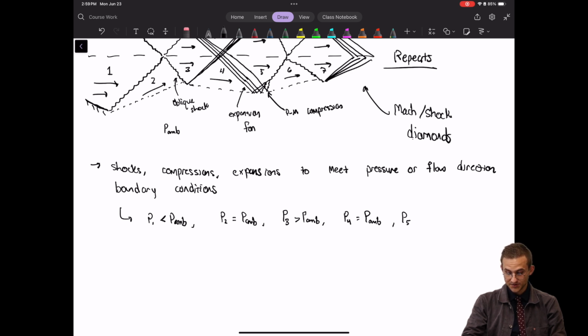And so it goes through an expansion fan to do so, which makes P5 less than P ambient again, since the pressure drops through an expansion fan. And then we have a Prandtl-Meyer compression that brings you back in line with the pressure boundary condition at P6, where P6 is equal to P ambient.